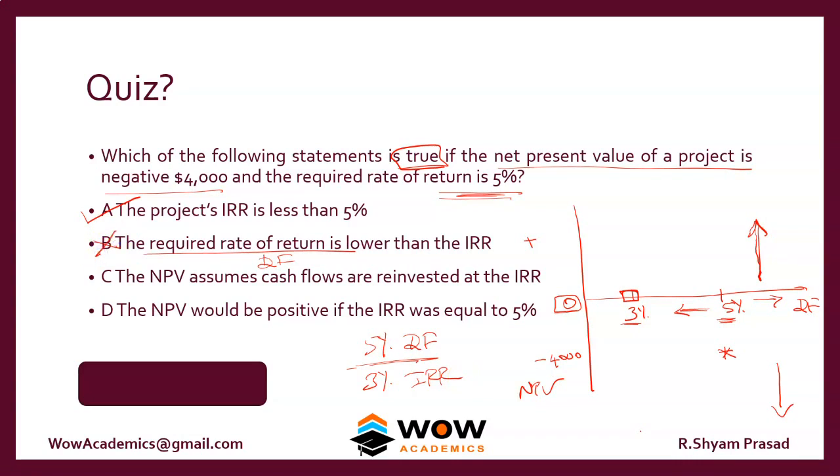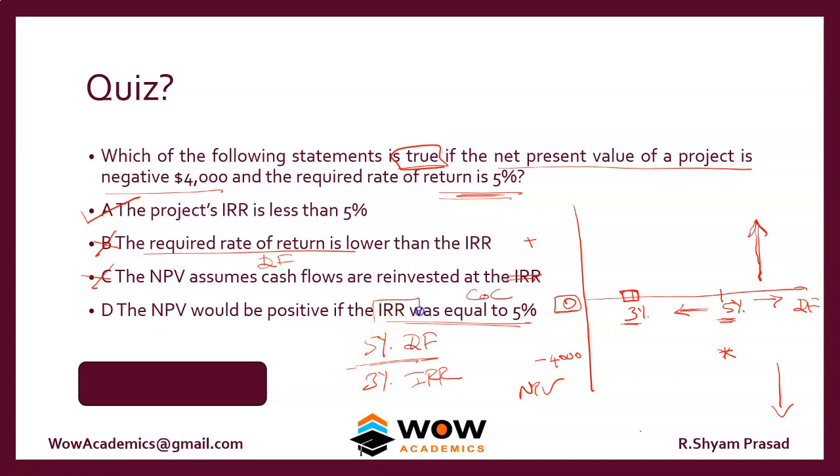He's distracting us. NPV assumes cash flows are reinvested at the IRR. No, it's reinvested at the cost of capital. So this is wrong. The NPV would be positive if the IRR was equal to 5%.